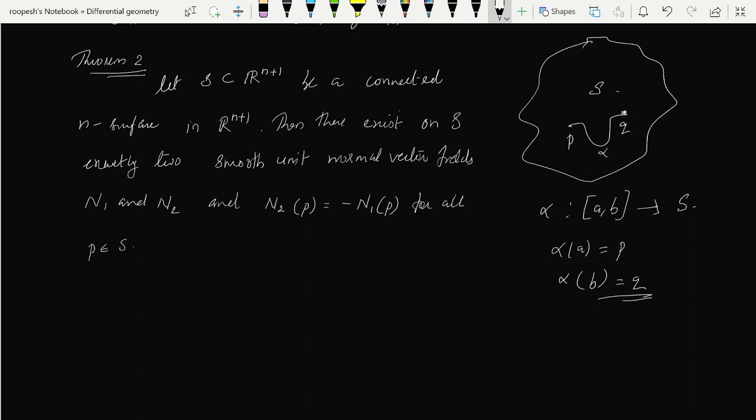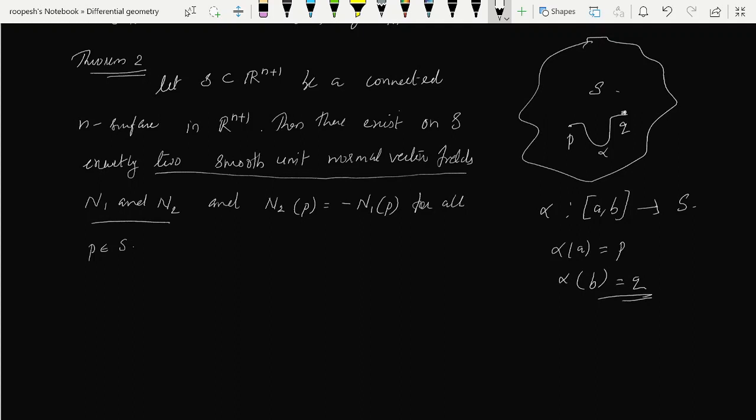It says that if we have a surface S which is connected, then there exist exactly two smooth unit normal vector fields n1 and n2, and n2 of p is equal to minus n1 of p.